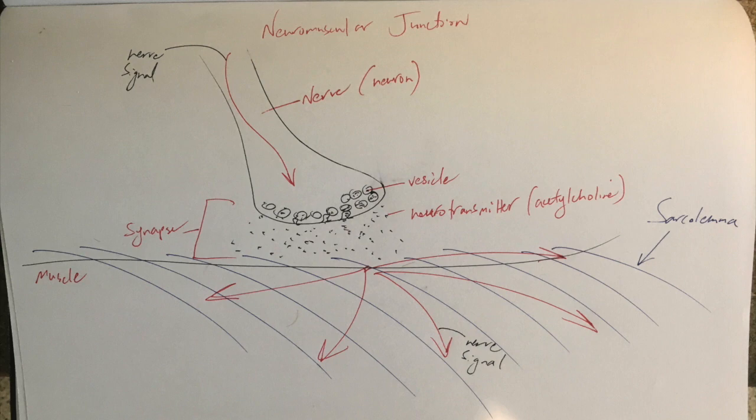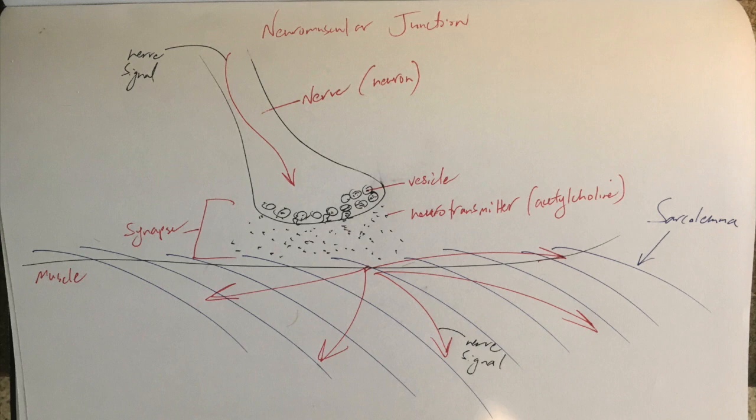N-E-U-R-O, muscular, and then junction. This is what happens. First step is an electrical signal flies down the nerve, boom. It reaches a dead end though. See, there's this gap between the nerve and the muscle. It's called a synapse. That's part of the neuromuscular junction.